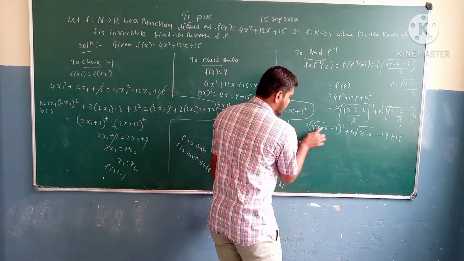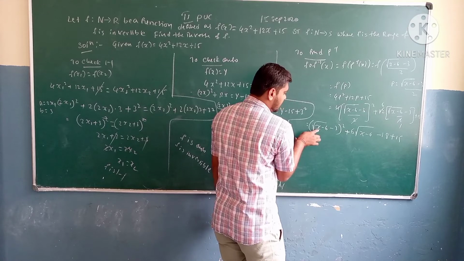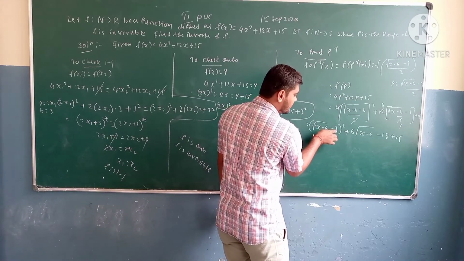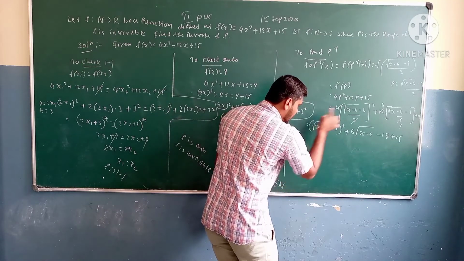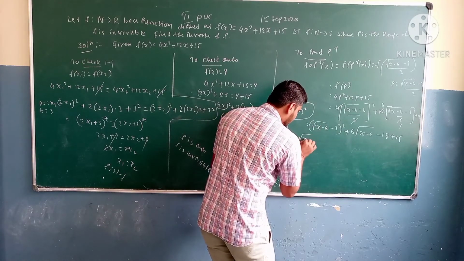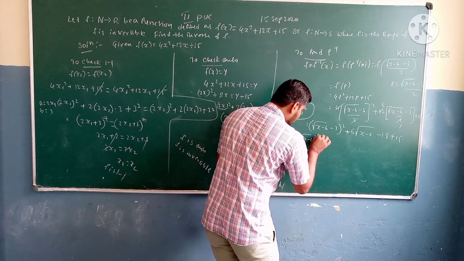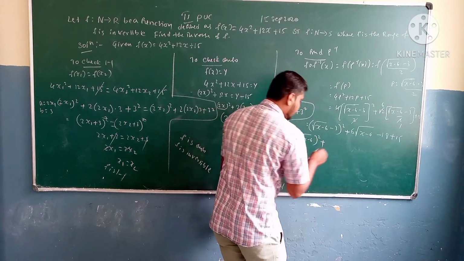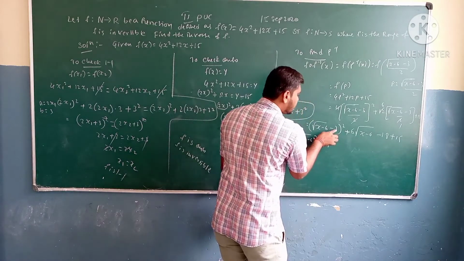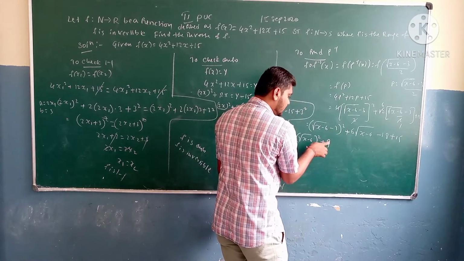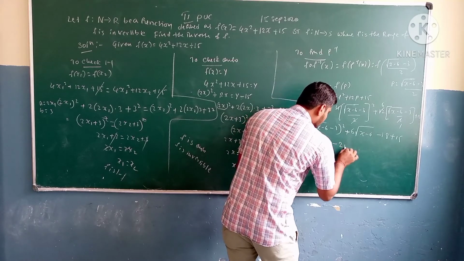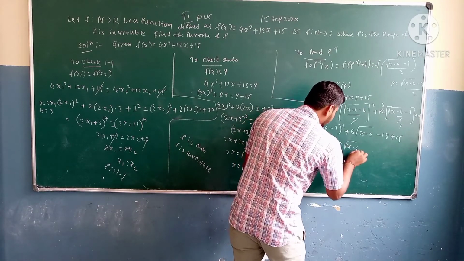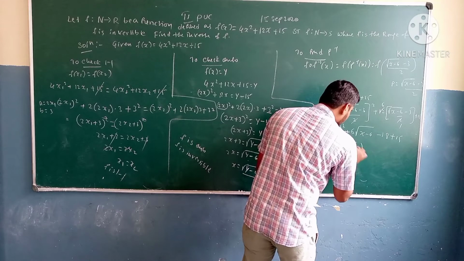Observe here, a minus b whole square. The a is going to be root of x minus 6 and b is going to be 3. So root of x minus 6 whole square can be written as root of x minus 6 whole square plus 9, because plus b square is 3 square, which is 9, minus 2 into root of x minus 6 into 3.